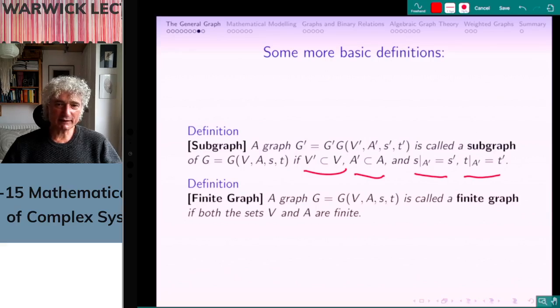Later, when we have binary relations, it will be sufficient that only the vertex set V is assumed to be finite, but at the moment we have no restrictions on the cardinality of either V, the vertex set, or the arrow set A, and that's why we are imposing this restriction on both of these sets.